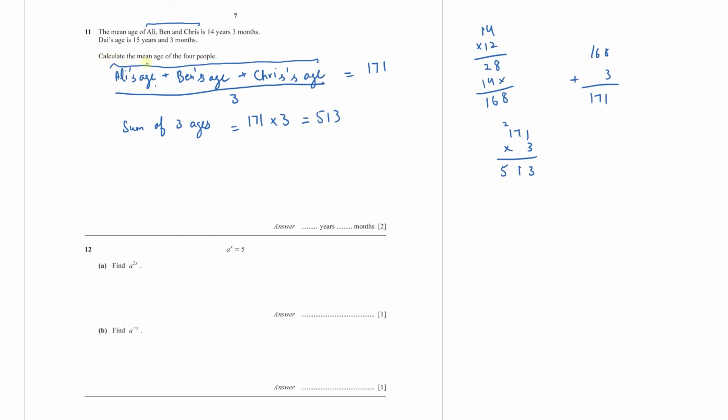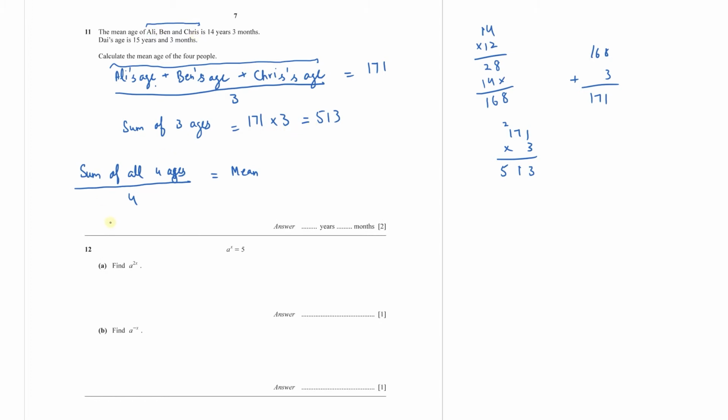Now you want to calculate the mean age of the four people after you add Dai's age as well. What would be the mean age of four people? I need the sum of all four ages, and then divided by 4 should give me the mean, right? What's the sum of all four ages? I know the sum of these three ages is 513.